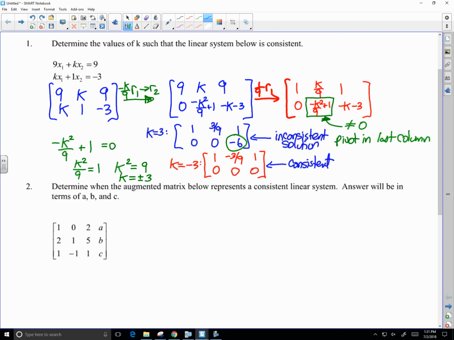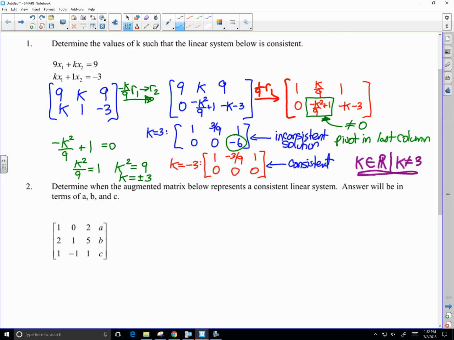So if I'm looking for values of k, really I'm just saying k belongs to the set of real numbers such that k is not equal to 3. I mean, you could write it any way you want.